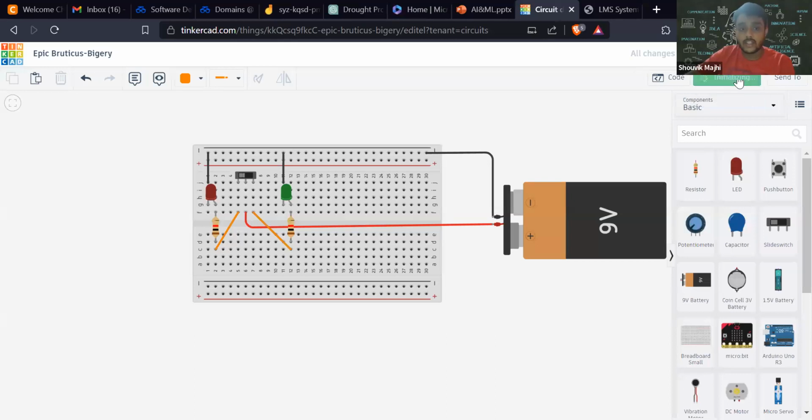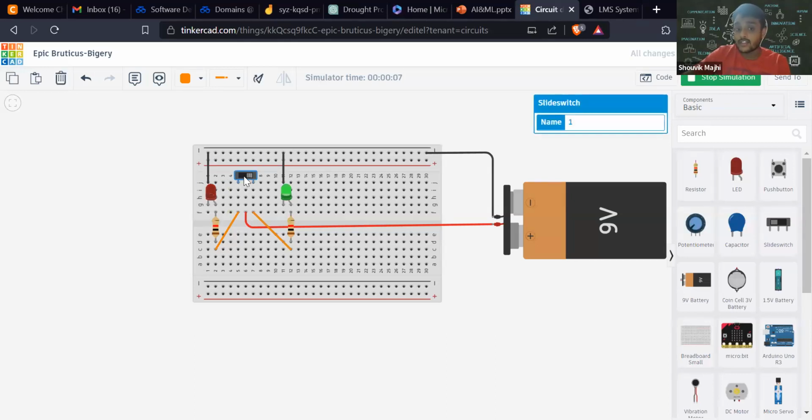And let's start the simulation. Now see, if the switch is on the left hand side, the red LED is glowing. Now if I slide the switch to the right hand side, the green LED is glowing. That means whenever I slide the switch, a portion of the switch is making an open connection, and the other portion of the switch is making a closed connection. So when the switch is slid to the right, the connection between the red LED and the battery is broken.